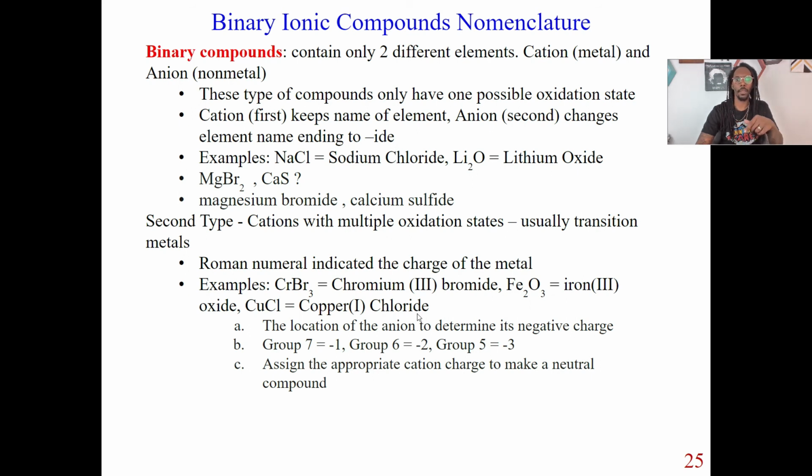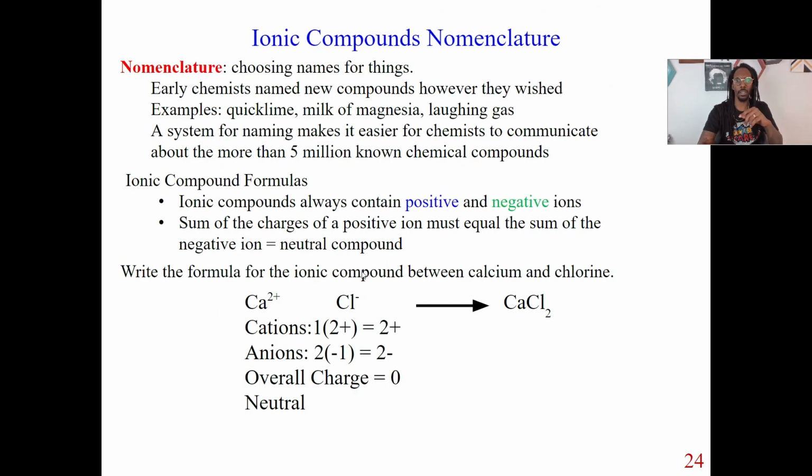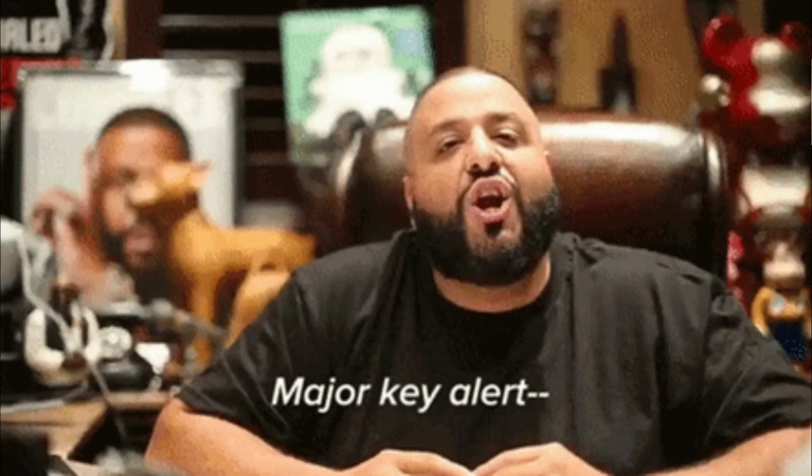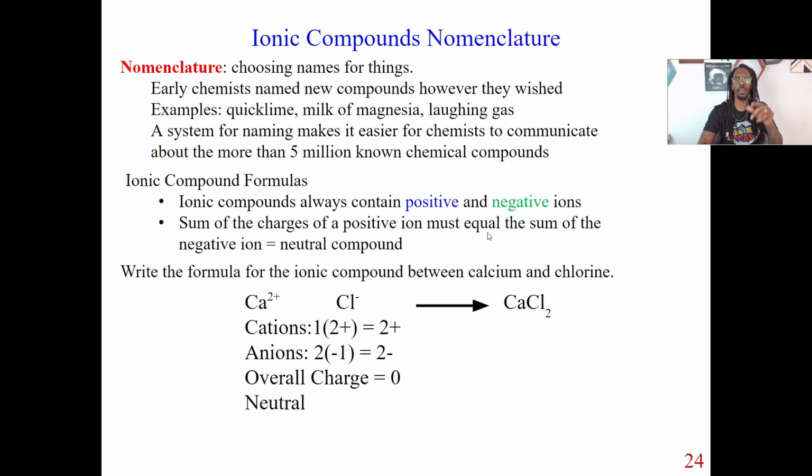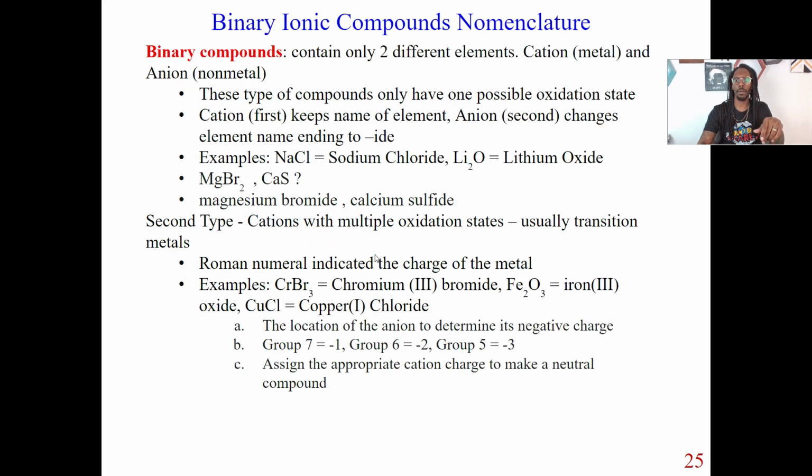Now, this is where you have to pay attention, because the charge is key here. Copper can have multiple charges. How do we know which one it is? I mentioned before, this is key: the sum of charges of the positive ion must equal the sum of your negative ion, because it's a neutral compound. This is a neutral compound, copper chloride.